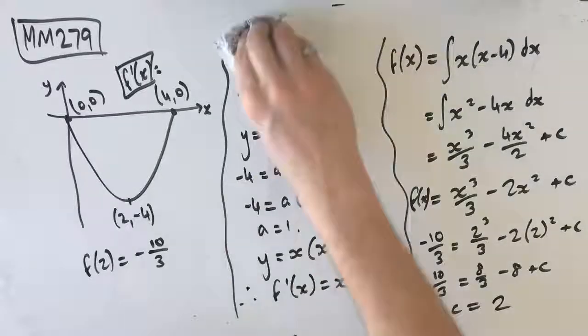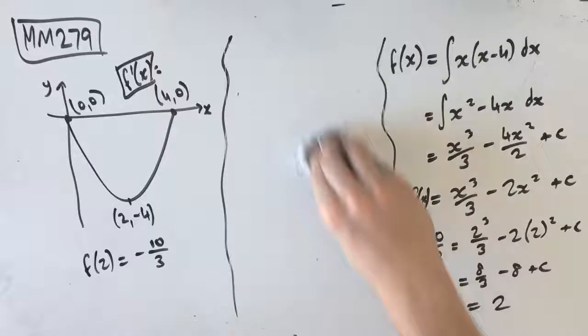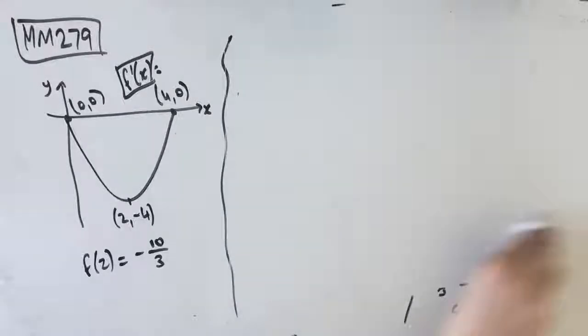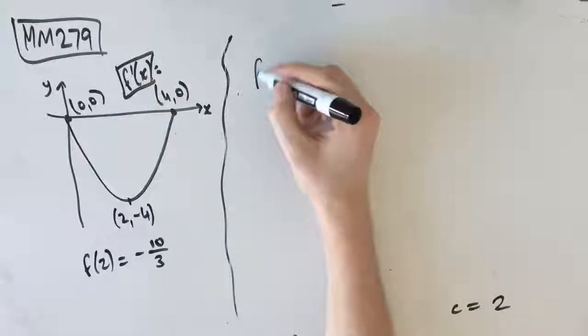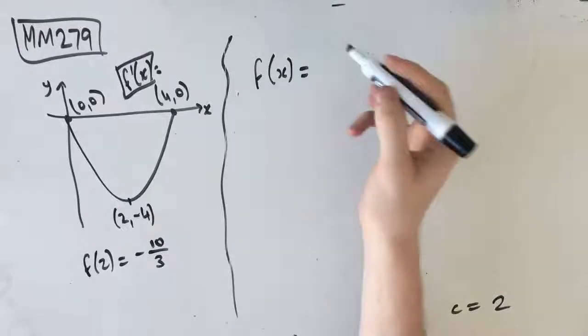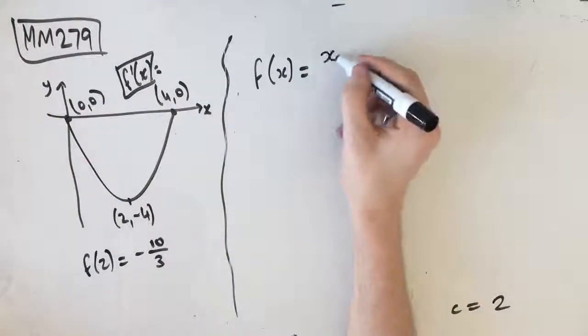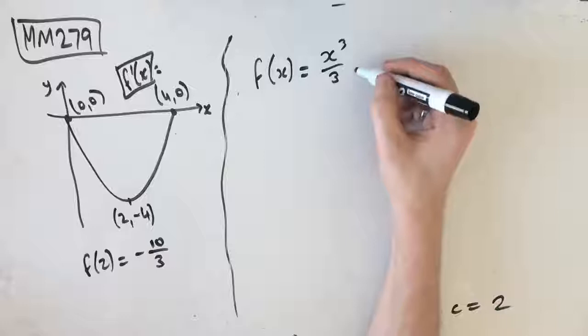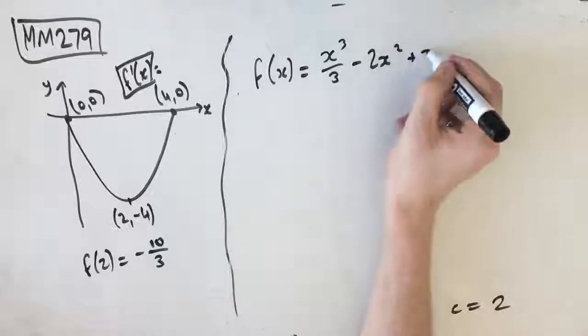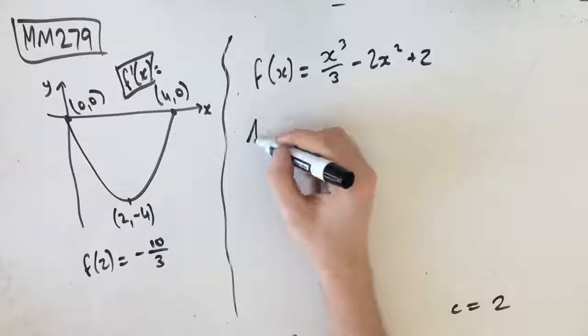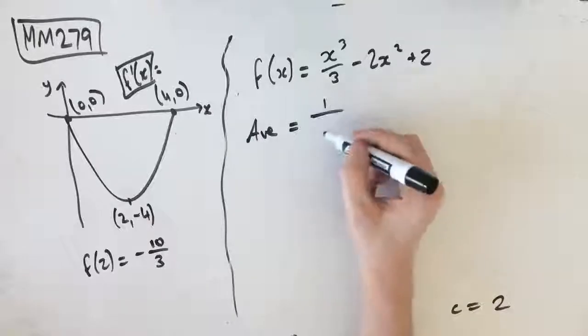Awesome. So c equals 2, which means that our f of x function is going to be x cubed on 3 minus 2x squared plus 2.